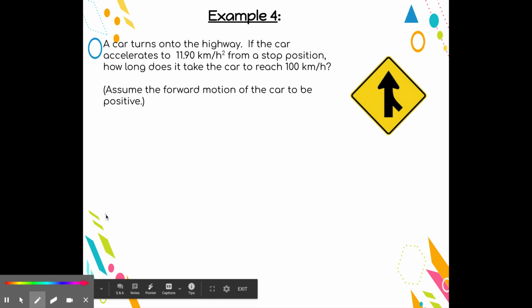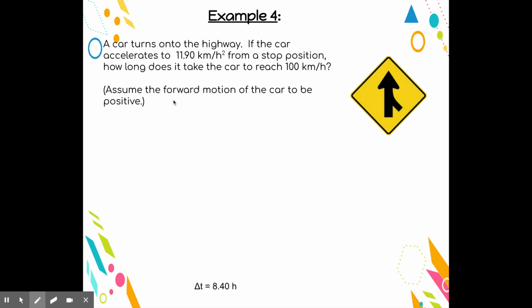Okay, example 4, last one. A car turns onto a highway. If the car accelerates, so this is where a is 11.90 kilometers per hour squared from a stop position, how long does it take to reach 100 kilometers per hour? So this one's really good to pull your information out if you're kind of confused.